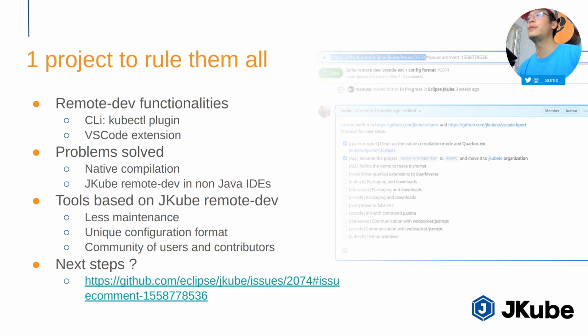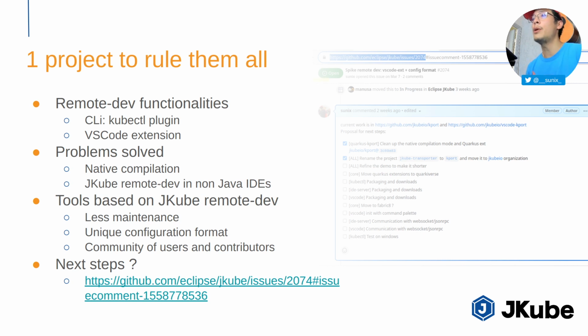And in this video, the main problem was the ability to use JKube Remote Dev in non-Java based IDEs. Thanks to an external IDE server that we run next to it, we managed to overcome this problem. The result of this POC project is the possibility to reuse JKube Remote Dev as a common library.